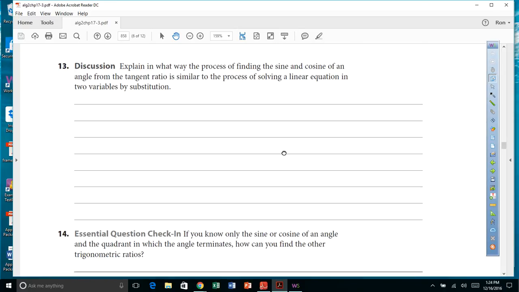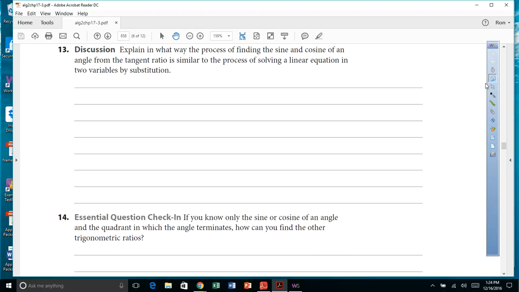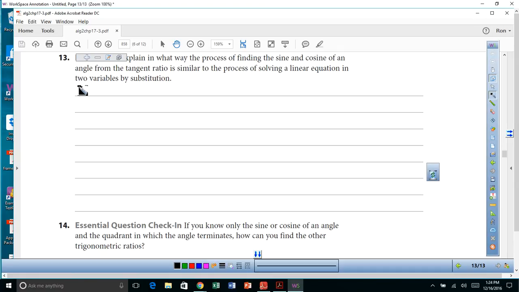Discussion. Explain in what way the process of finding sine and cosine of an angle from a tangent angle is similar to the process of solving a linear equation in two variables by substitution. Say you had x plus y equals 3, and then 2x plus 3y equals, we'll just say 10. What would you do here? You might subtract y from both sides, and that would give you x equals 3 minus y, right?